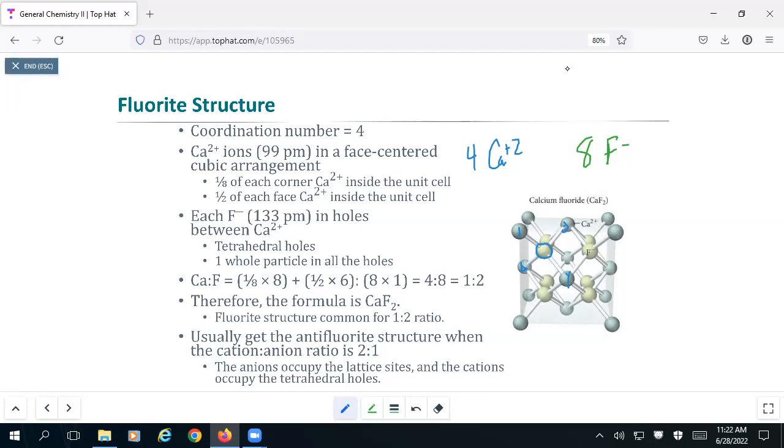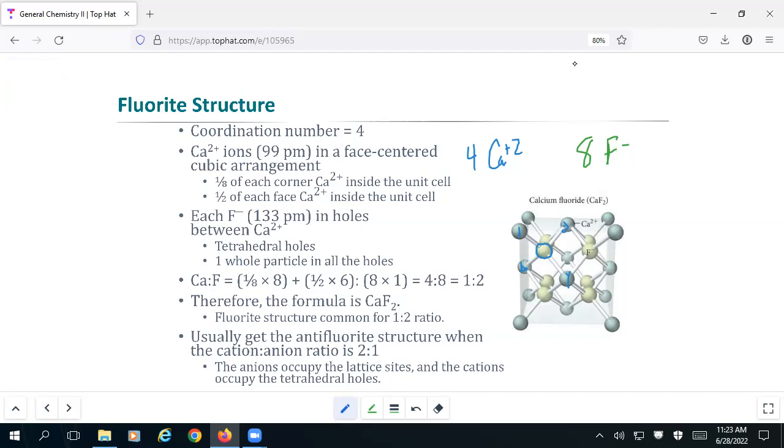And so this particular structure is very common when we have a 1-to-2 ratio for the cation to anion. So this would be other ionic compounds of similar type, magnesium iodide, beryllium fluoride, or calcium chloride, or any of those.